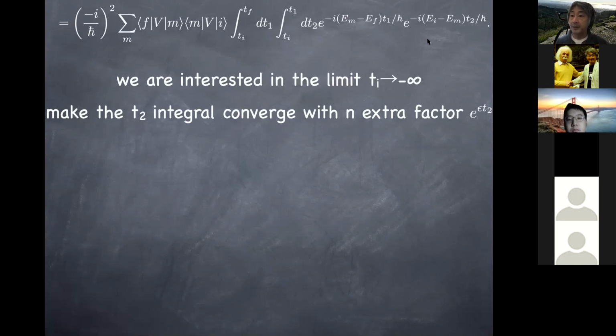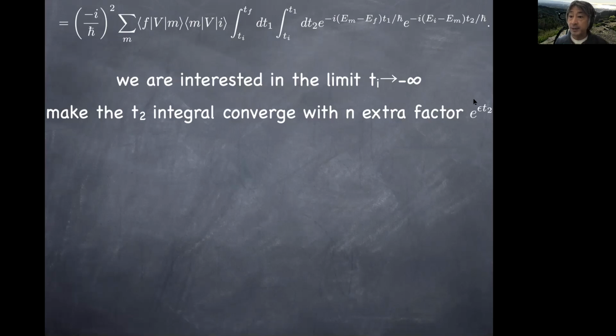So we play a trick to force this integral to become convergent by putting in this extra factor of exponential e to the epsilon t2. So epsilon is a tiny positive number. And when the t2 integral, where t2 goes to this lower edge of the integral ti that is sent to negative infinity, then this exponential factor damps exponentially because t2 is negative and epsilon is positive.